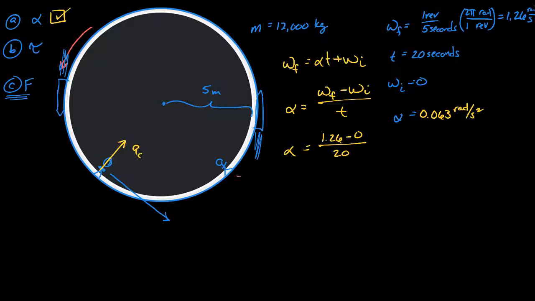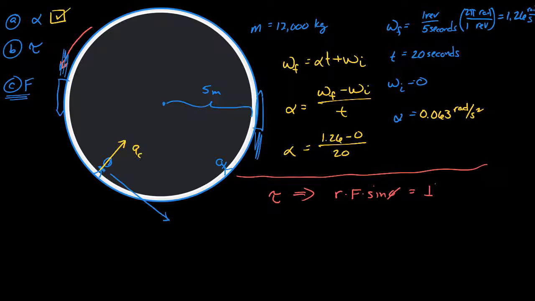Our next step, question B, find the torque necessary to spin up the spacecraft. We have the shape of the spacecraft and we have the acceleration of the spacecraft. So in that torque equation, which had two parts, the torque equation had R times F times sine of an angle, and it had I times alpha.